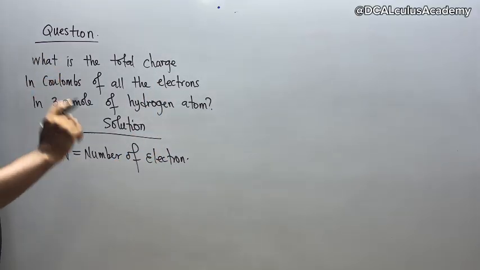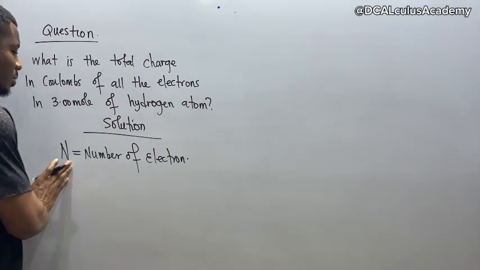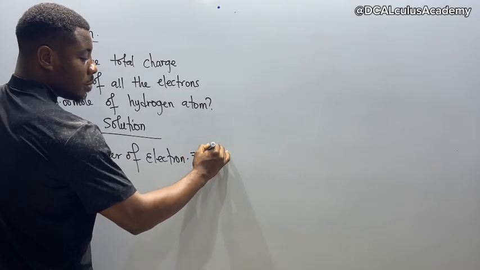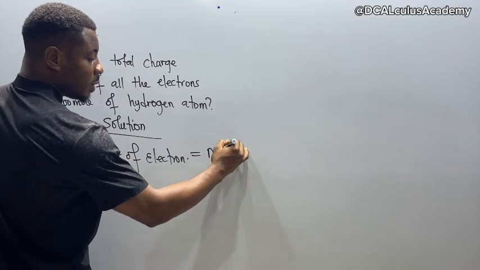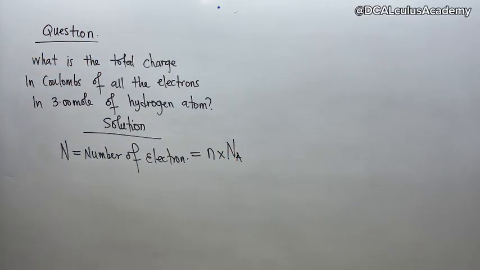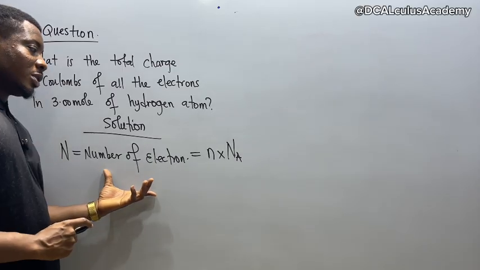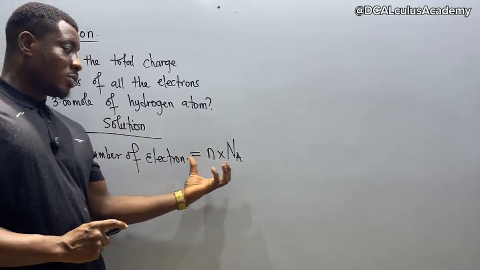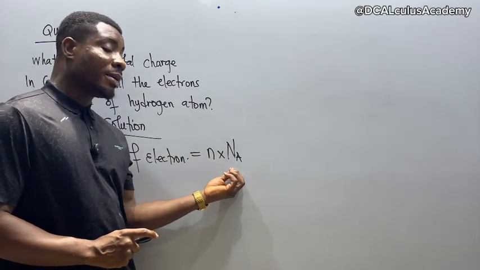Now, there's a formula for number of electrons. How do I obtain number of electrons? It is equal to the number of moles multiplied by Avogadro's number. So the number of electrons in the hydrogen atom is equal to the number of moles times Avogadro's number.